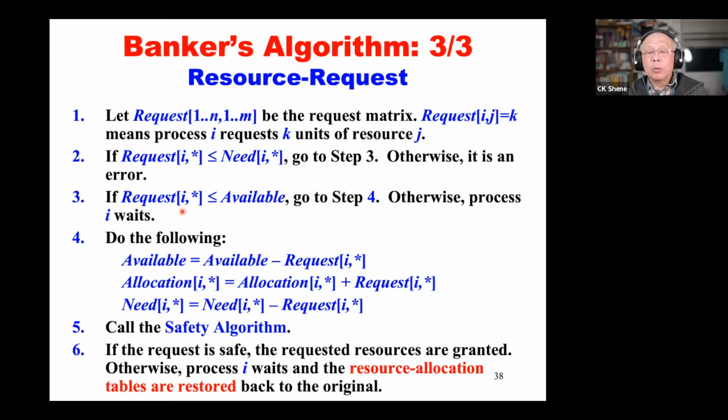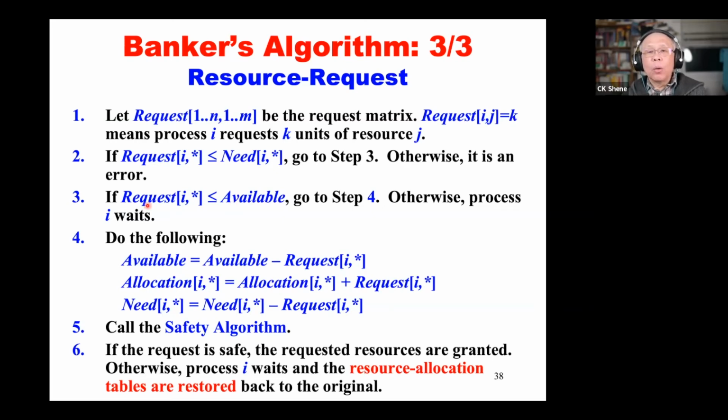We check to see whether the current request is less than or equal to the system's available resources. If it is the case, we go to step 4. Otherwise, the current request is larger than the system available, therefore process i must wait.